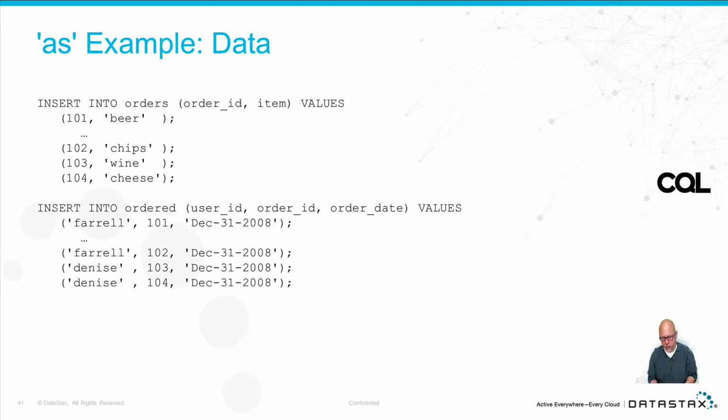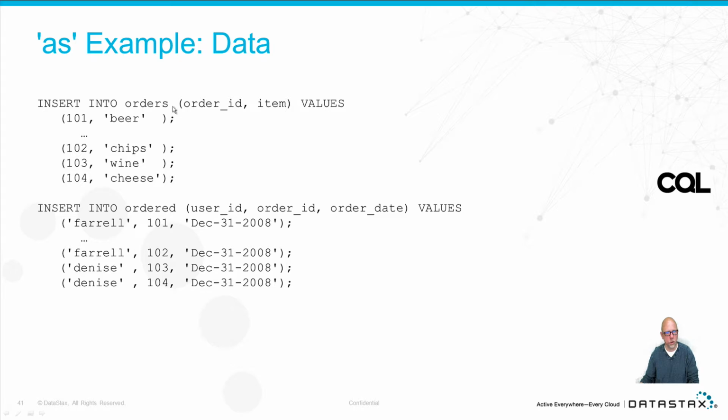The data then, we already had some users, Farrell, Q, Denise, whatever. And now that we have two new tables, we have orders and ordered. We should probably put some data in there. And the CQL insert statement looks just like SQL. And I deleted some words here just to fit it on the page.